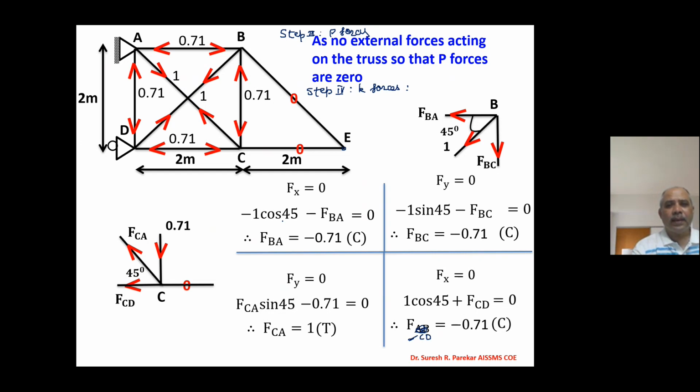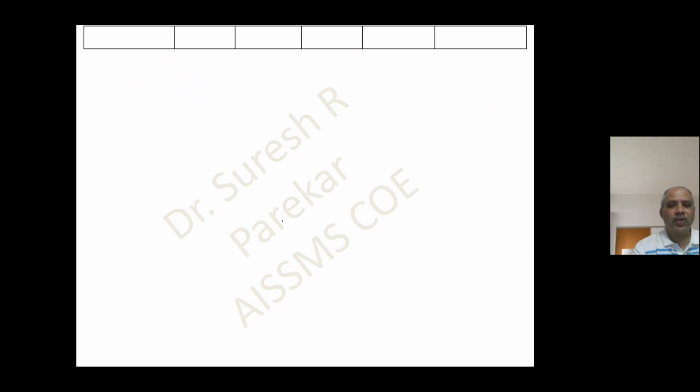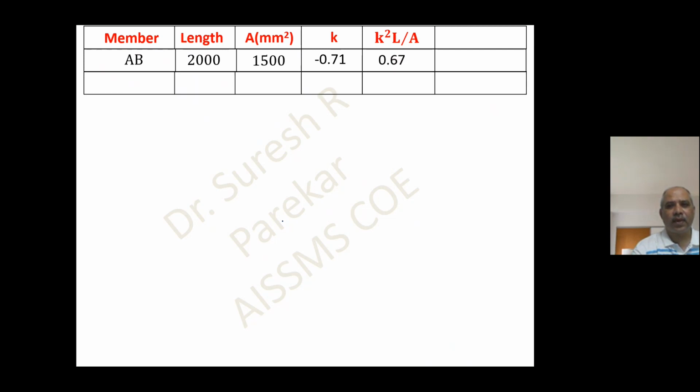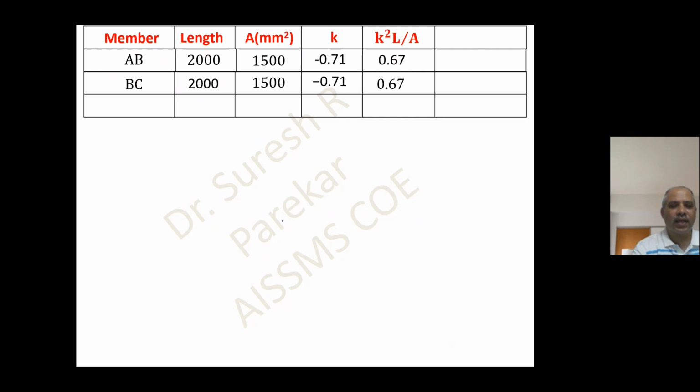So in the table, B and C are not considered. We have taken only 6 members. Member, length, area, K, K square L upon A. For AB, the length is 2000, area for all is 1500, K is minus 0.71, so K square L upon A is 0.67. BC, CD and AD have the same values.